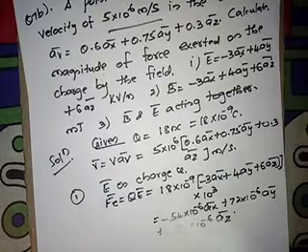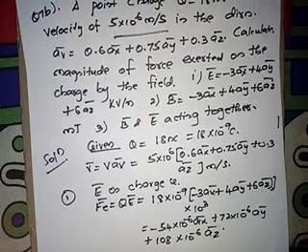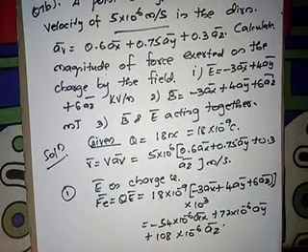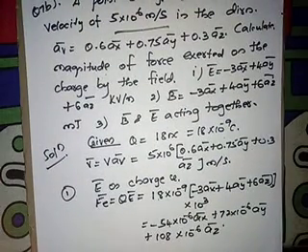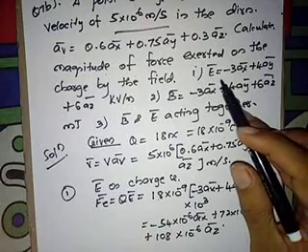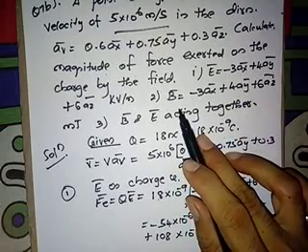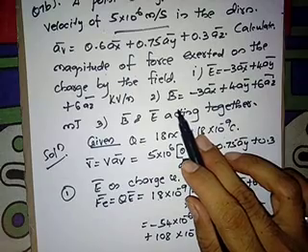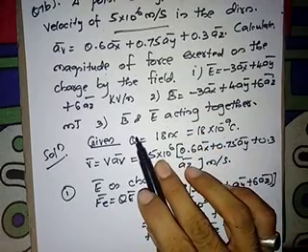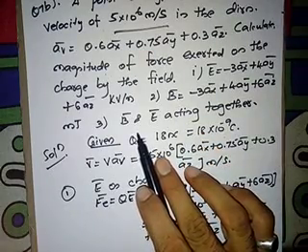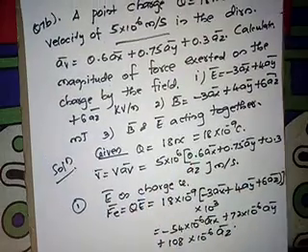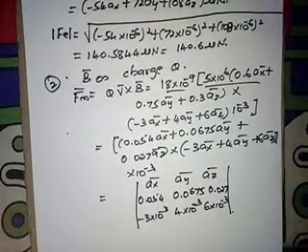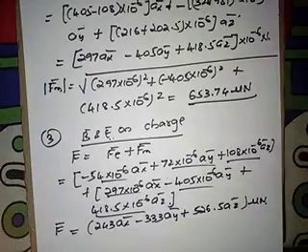Next was the problem on finding the magnitude of force exerted on the charge by the field E bar only, then by only B bar, and the third part was the magnitude of the force exerted by both B bar and E bar acting together. So we have solved the problem here.